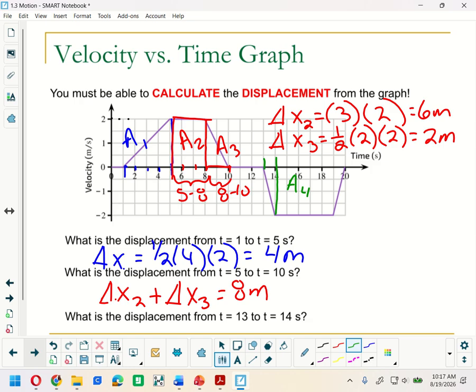So delta x for my fourth is 1/2 base times height. What's the base there? 1. And what is my height? What's the height right here? -2. So this point right here is what I'm looking for. So that's -2.